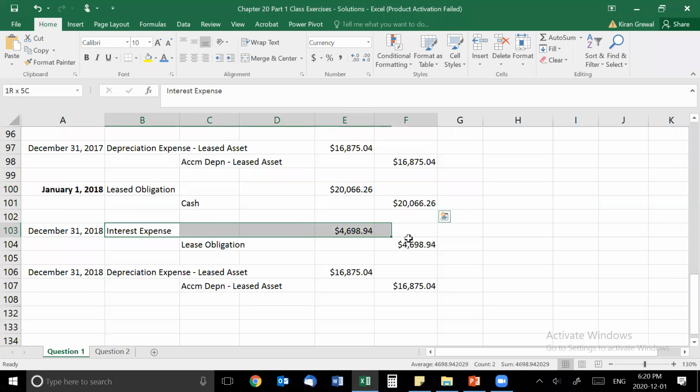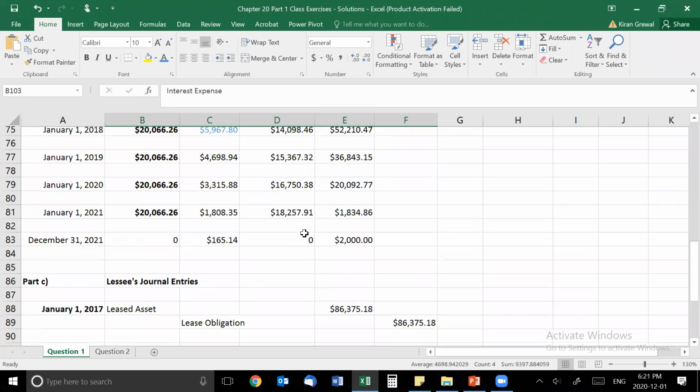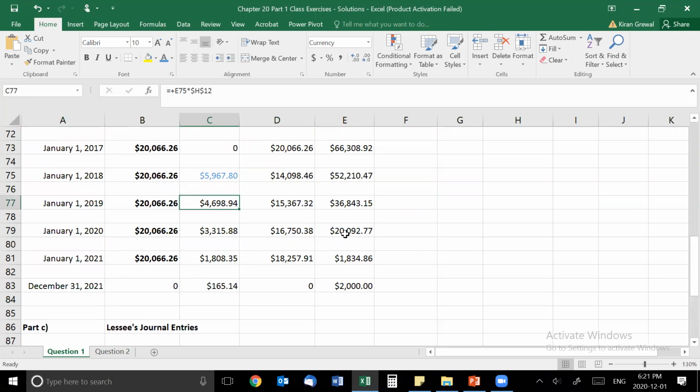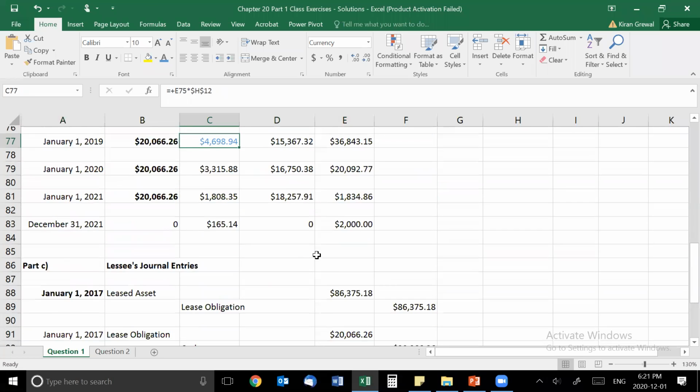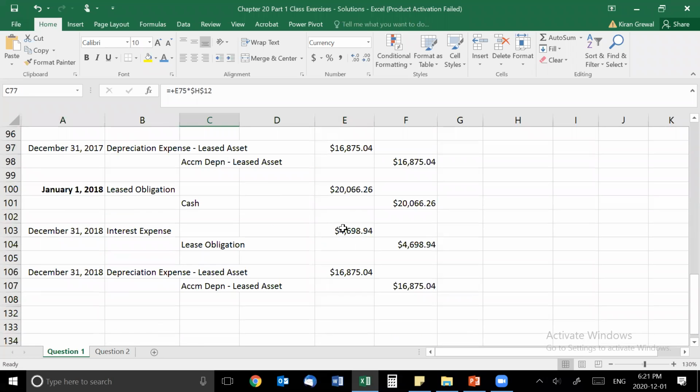We're going to have our interest expense, which is going to be a different amount because we're going to look at our amortization table for that. So if you just look at the second number on our amortization table, 46.98. Okay, so that goes down, and we do our interest calculation. And then our depreciation straight line, so it's the same amount as we calculated here in 2017.